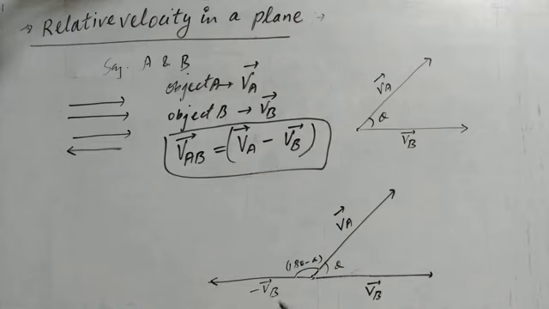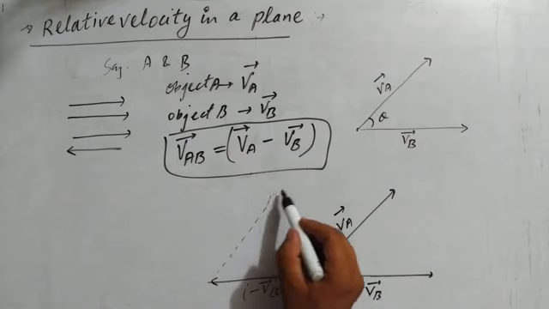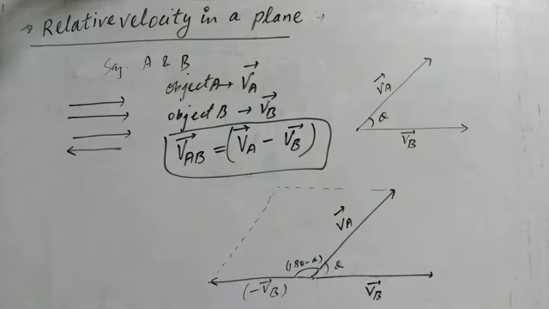Now to find the resultant of minus VB and VA, we will use the parallelogram law of vector addition, and for this we will just draw a parallelogram and draw a diagonal of it.